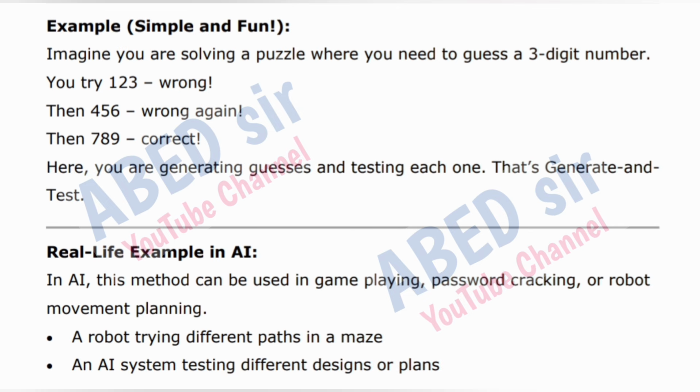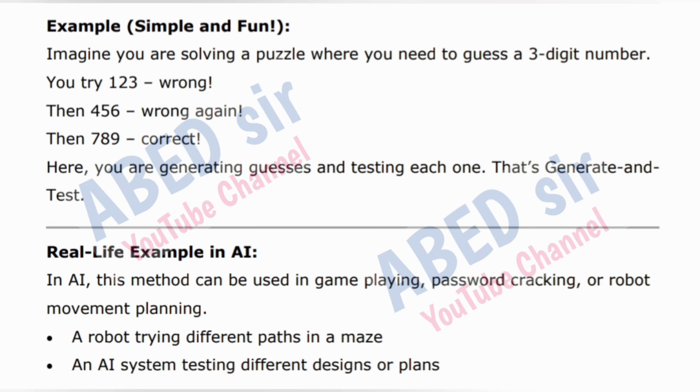Imagine you are solving a puzzle where you need to guess a 3-digit number. You try 123, wrong. Then 456, wrong again. Then 789, correct. Here, you are generating guesses and testing each one. That's Generate and Test.